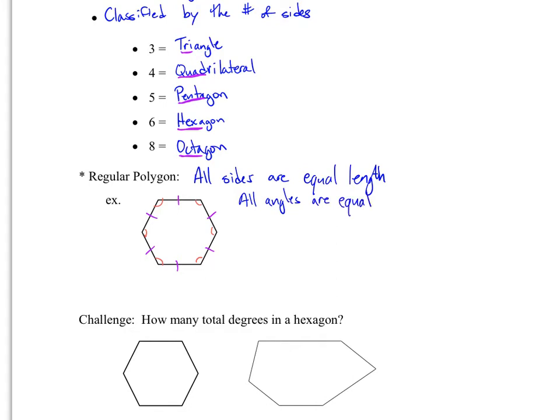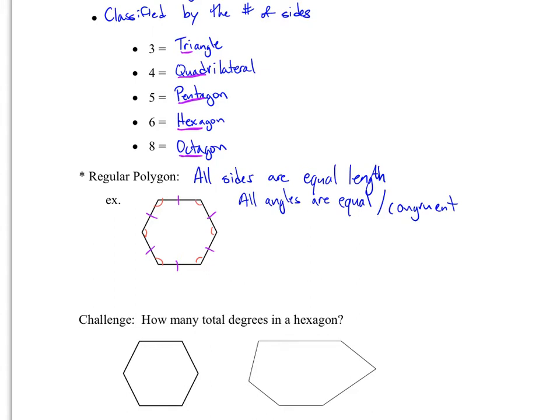So if it's a regular polygon, all angles and all sides are equal. Or what's our other word for equal? Congruent. That is a regular polygon.